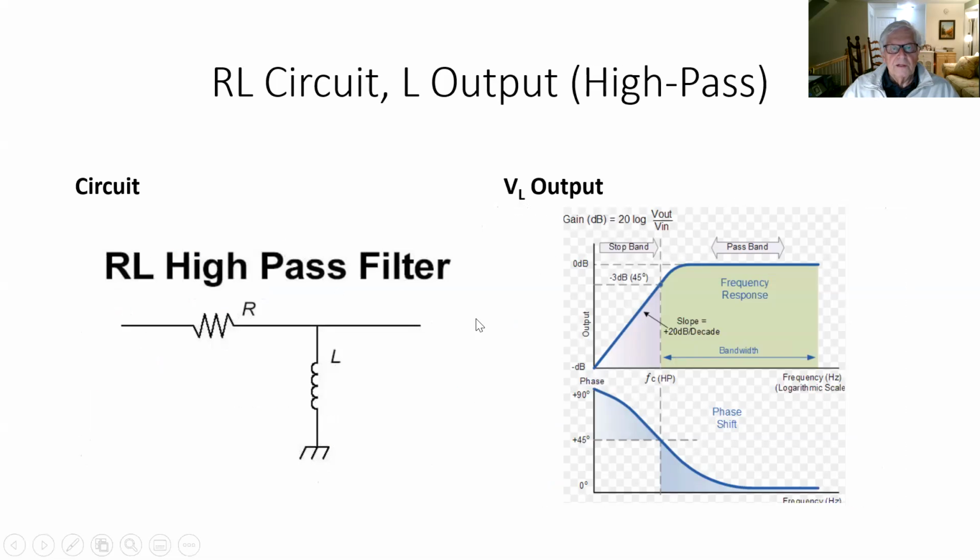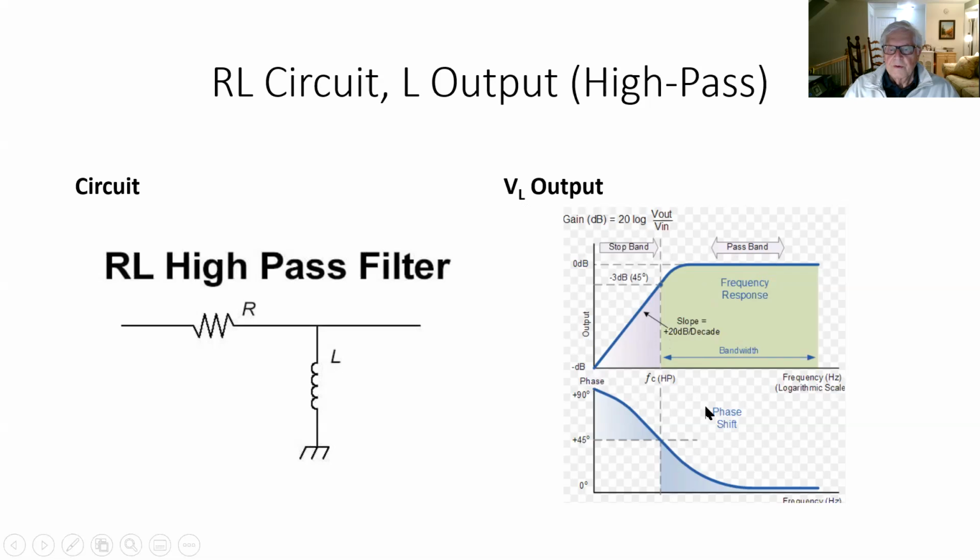And switching to RL circuits where the output is across the L side, in other words, our output here is going to be across the inductor. And we can see that this gives us a curve very much like the output from a resistor in an RC circuit. So basically what that means is an inductor actually passes high frequencies and attenuates low frequencies.